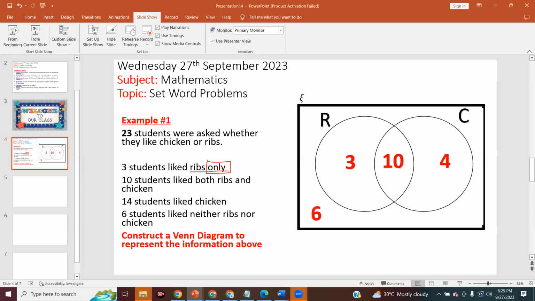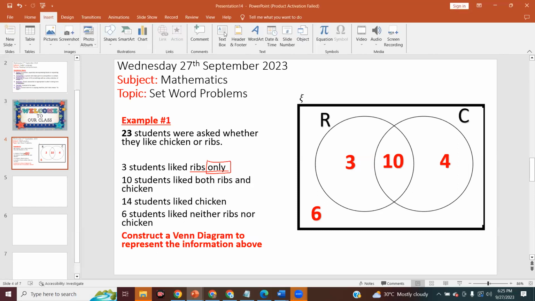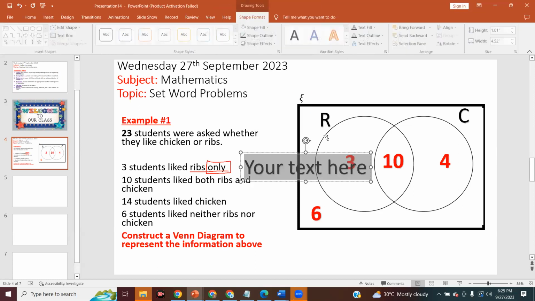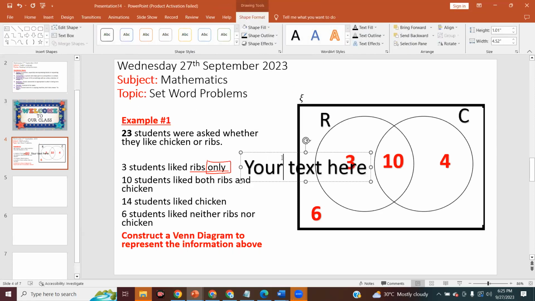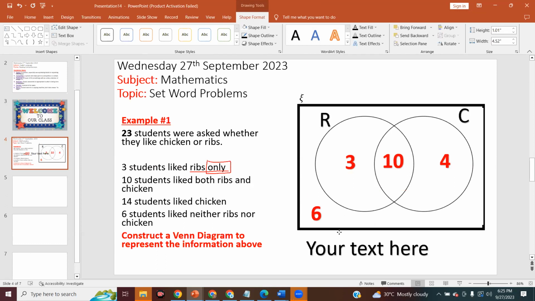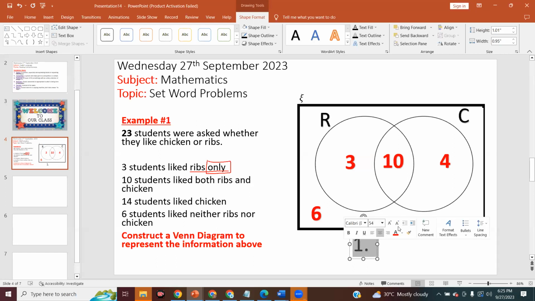So let me ask those 2 questions right there at the bottom so you could really understand. Based on this, question number 1 is, this is not the exercise, this is just a part of the example.